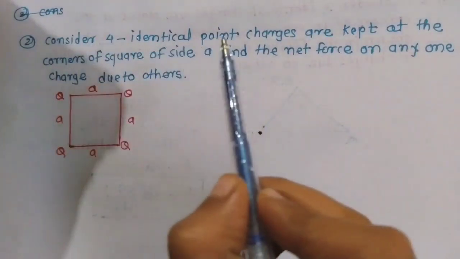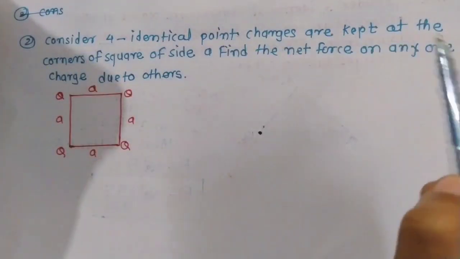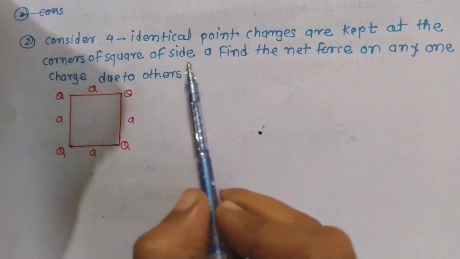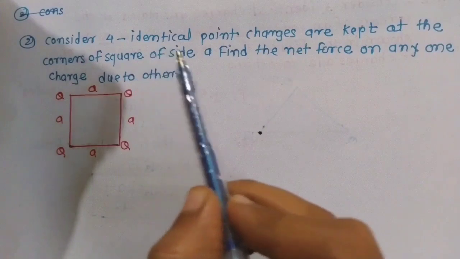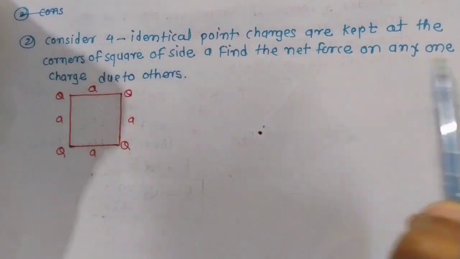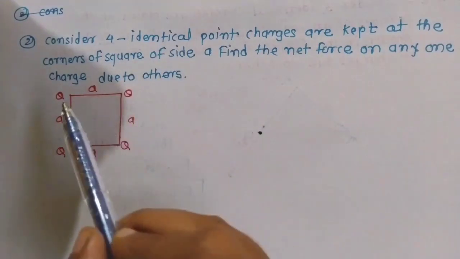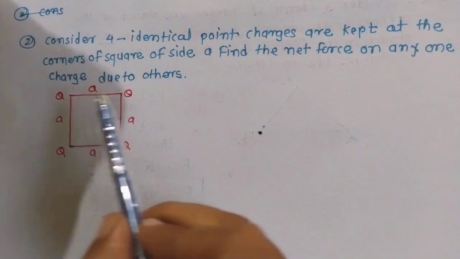Example number 2. Consider 4 identical point charges kept at the corners of a square of side A. Find the net force on any one charge due to the others. We have to find the net force on any one charge due to the other three charges.